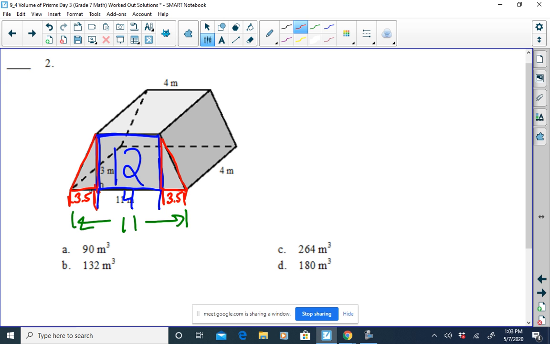To find the area of a triangle, we multiply 3.5 times the height, and we take 1/2. So if we do 3 times 3.5, that's going to be 10.5. Half of 10.5 is 5.25. So each of these triangles has an area of 5.25.